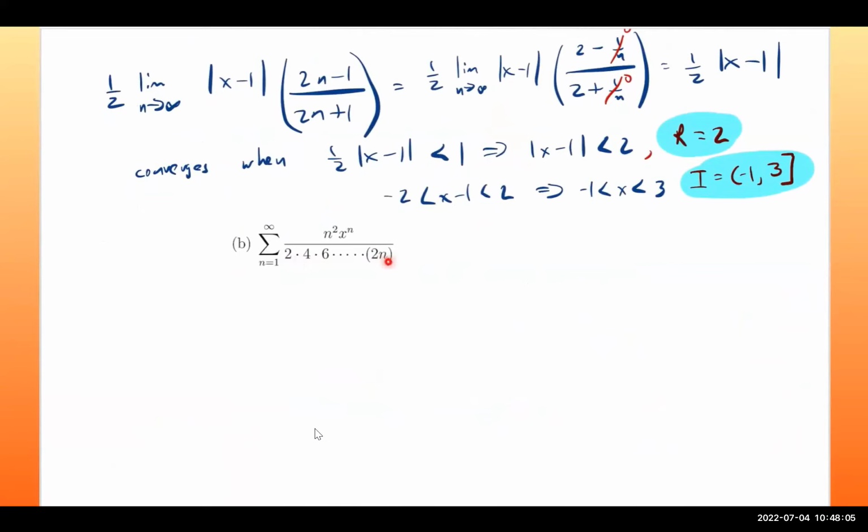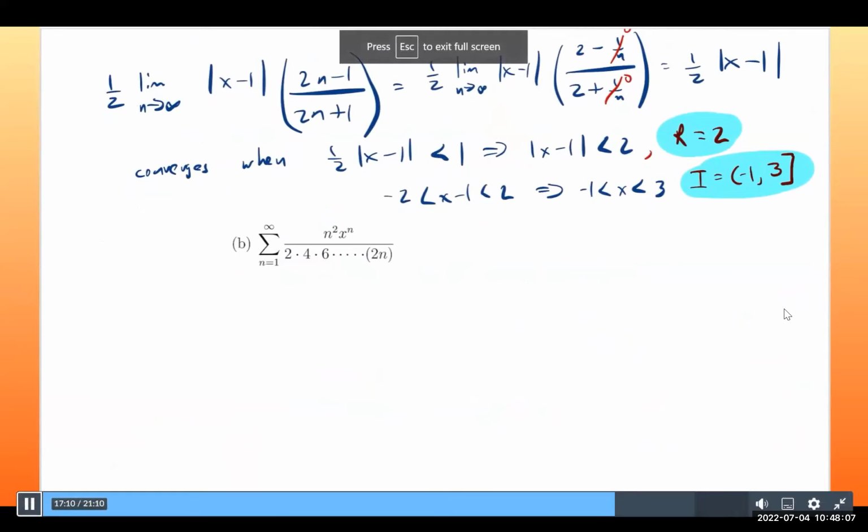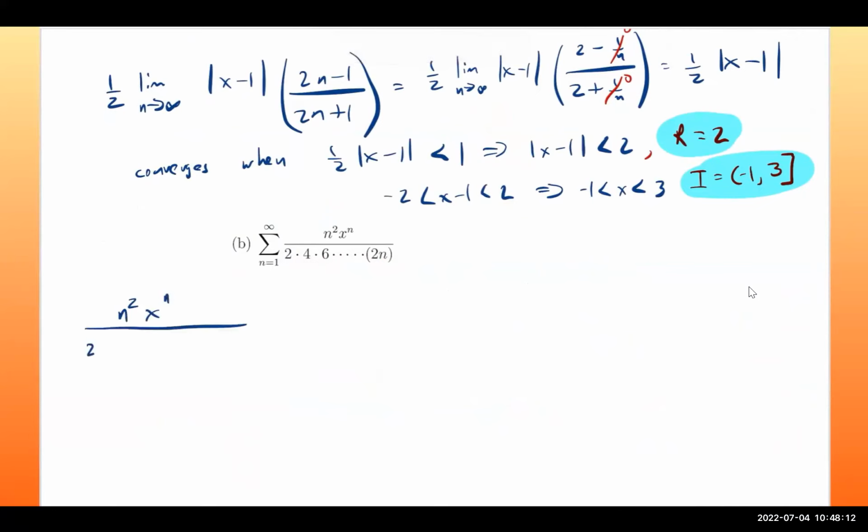All right, as you can see, this is a little strange. We can rewrite this as, let me rewrite it over here. Well, notice that there's a bunch of 2's that you can factor out. You can factor out a 2 from here, from here, from here, from here.